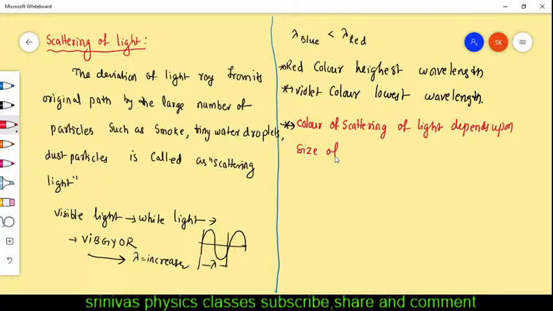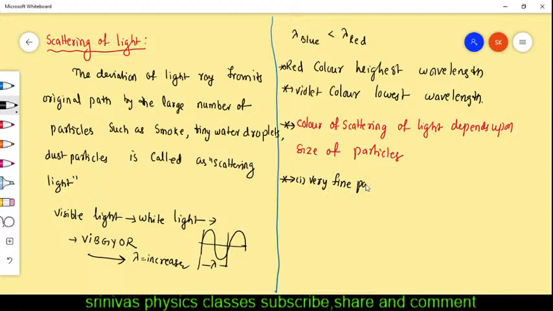Let us see what type of particles can scatter which type of color. First point you remember, very fine particles.